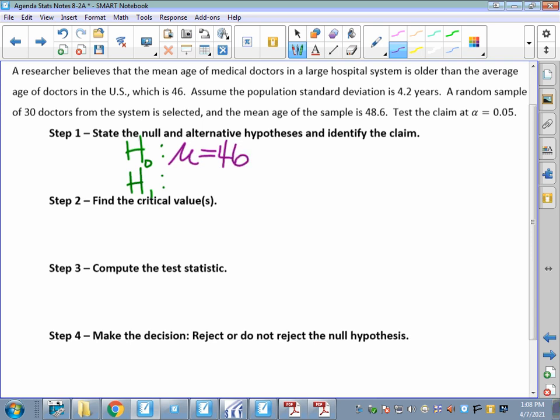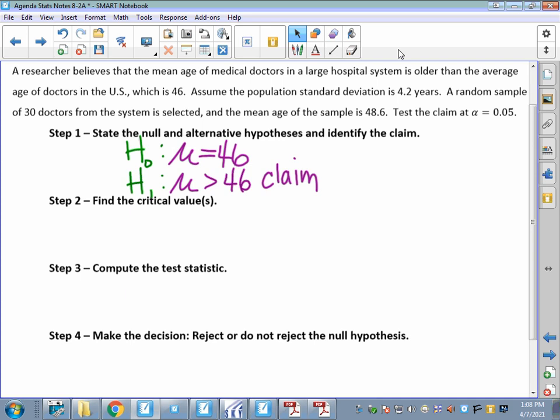The researcher believes that the average age is older than that. So older would be greater than 46, and this is my claim, right? That's what the researcher is believing, claiming, saying, trying to answer. There is our information.